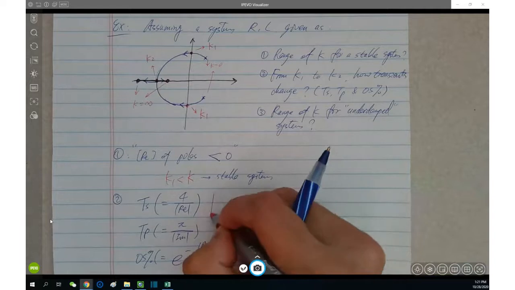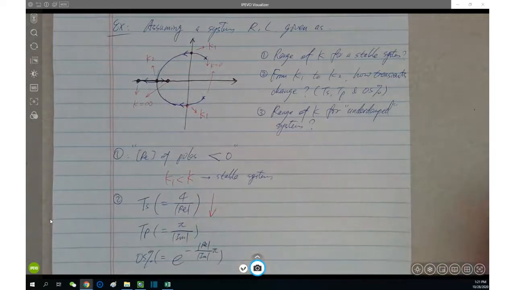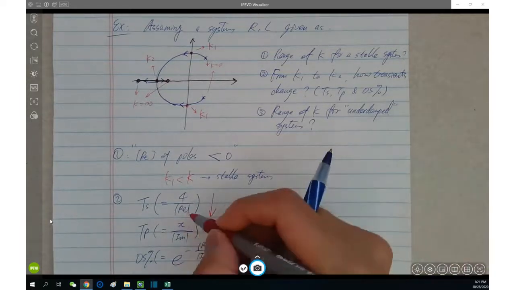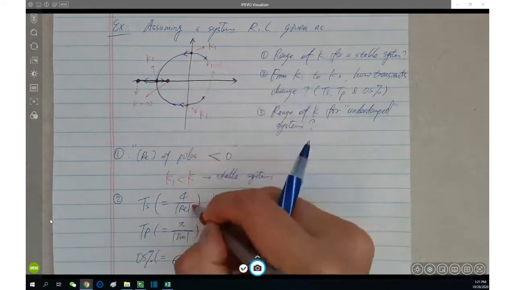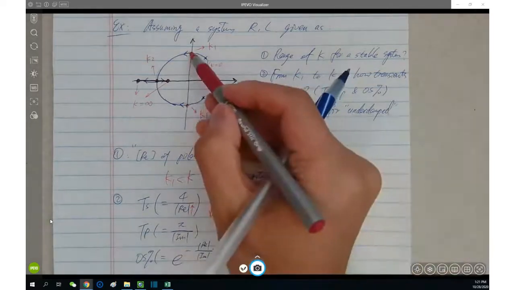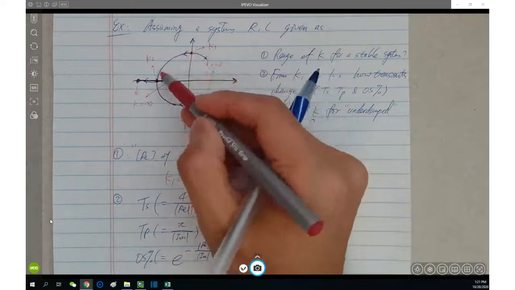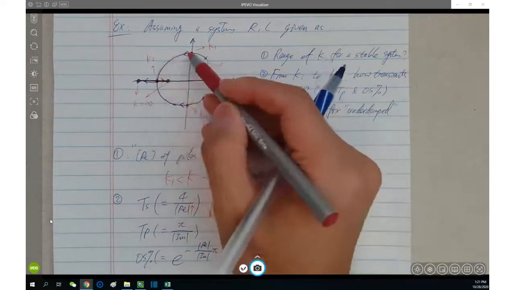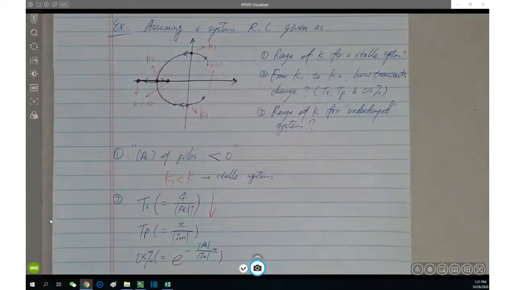Yep. As John said, because the denominator, which is the real part magnitude, is increasing from K1 to K2. So TS decreases. How about TP then?